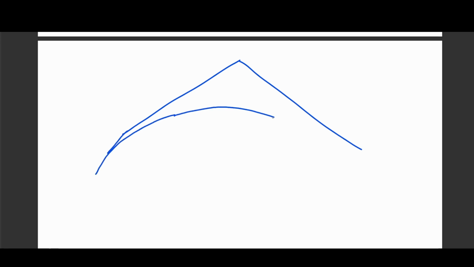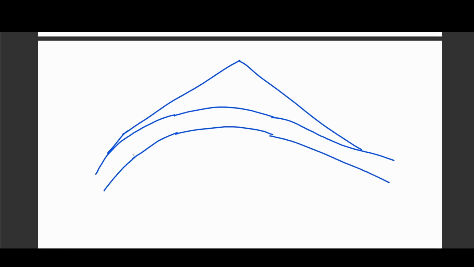So we know the transition curve is provided like this. This is the circular curve, and this is the other transition curve that is provided. So the value up to this is Ls by 2, and this is also Ls by 2.